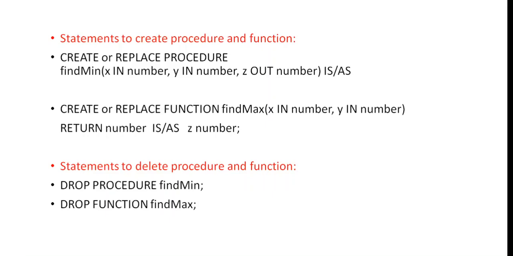While calling a function from a block, we write one output variable, suppose c is equal to, then we write the function name, suppose find_max, and then in brackets we write only the input parameters a, b. So this is how procedures and functions can be used with PL/SQL programs.